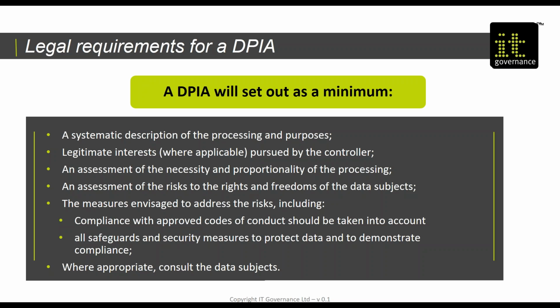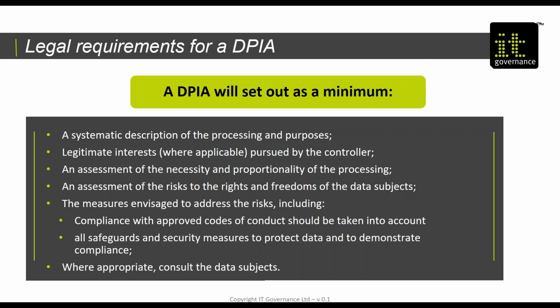The measures that you put in place to address risks could include codes of conduct where they're available, complying with appropriate national and international standards where they exist, and putting in place any other demonstrably obvious security measures and safeguards to protect data. So encryption is an obvious security safeguard to put in most instances, because that reduces the level of risk to a very low level.